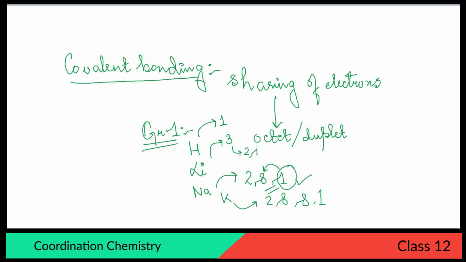It will happen the same way as we talked about the octet rule satisfaction, right? So that is going to happen in case of lithium, beryllium and boron also, but just instead of octet rule, it will be duplet rule, right?